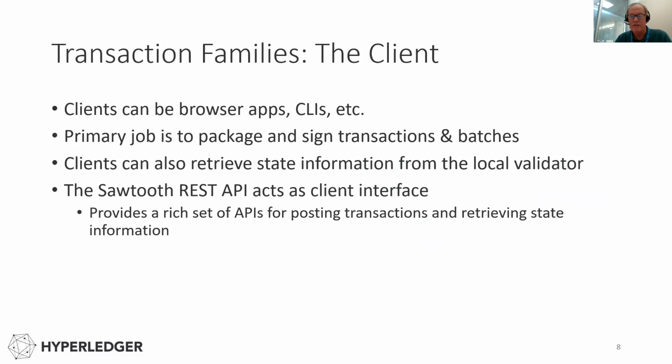And that does not involve the transaction processor. That just involves a query to existing state without modifying it. The way you interact with the validator is with the REST API, which is a very familiar interface for web developers. And we have a rich set of REST API commands for posting and retrieving transactions and state.